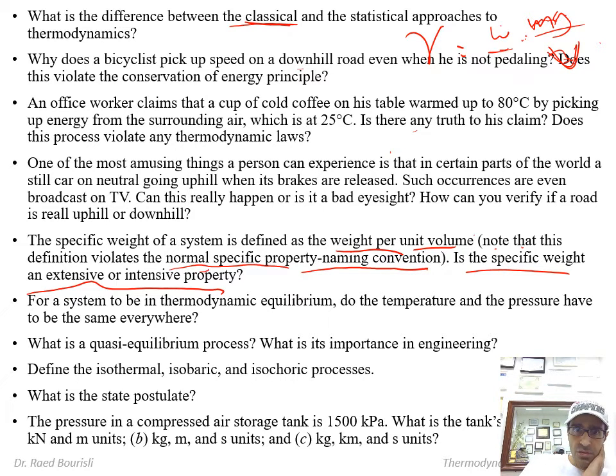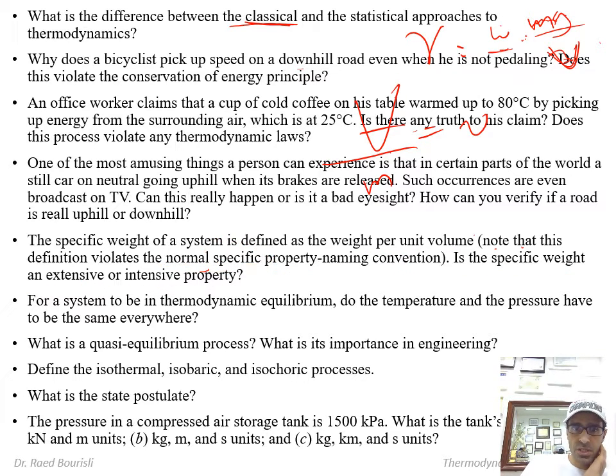Why is it a violation of the naming convention with specific? When we say specific, usually we say, like, specific internal energy, I mean internal energy per unit mass. When we say specific volume, it is volume per unit mass. So when I say specific weight, what is the weight? mg per unit mass would give g. But no, this is not what we mean by specific weight.